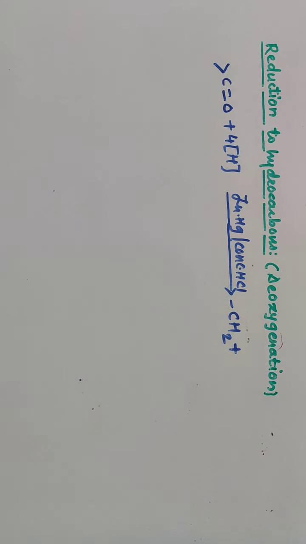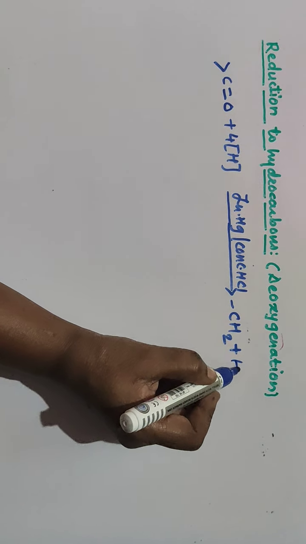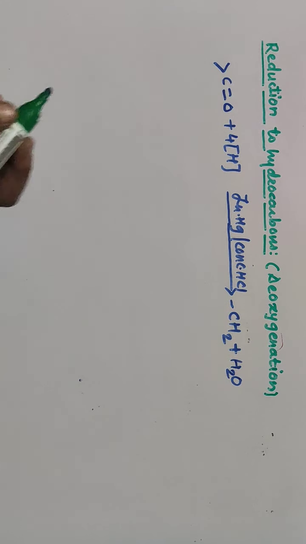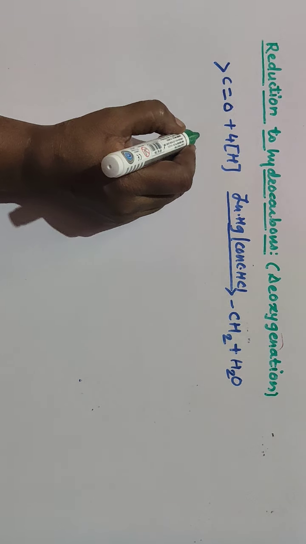Also the remaining two hydrogen and oxygen come together to form a water molecule. So when this carbonyl compound is treated with zinc amalgam and concentrated HCl, the carbonyl group is directly converted to methylene group, and this reaction is called Clemmensen's reduction reaction.